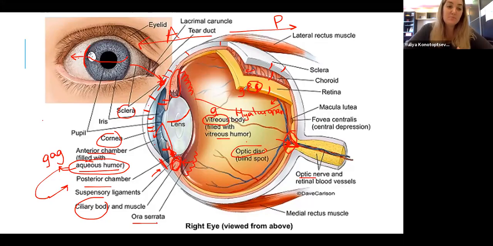It receives impulse from the rods and cones. The axons of the ganglionic cells go all the way here to the optic disc and make up optic nerve. So basically, the entire optic nerve consists of axons of ganglionic cells.